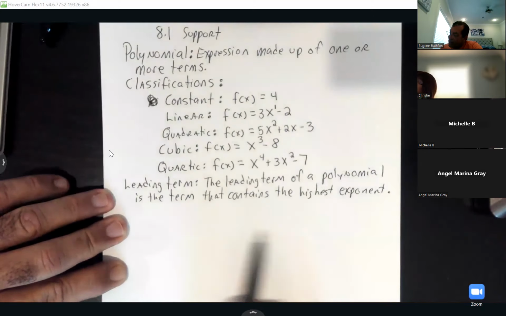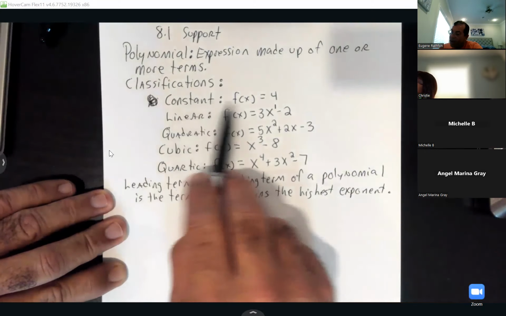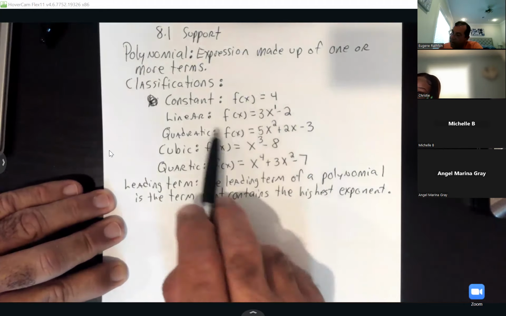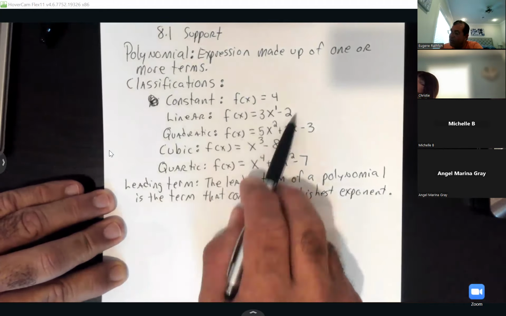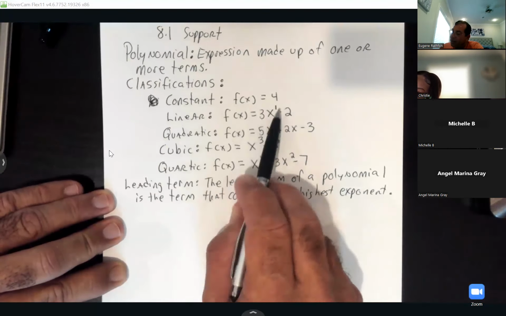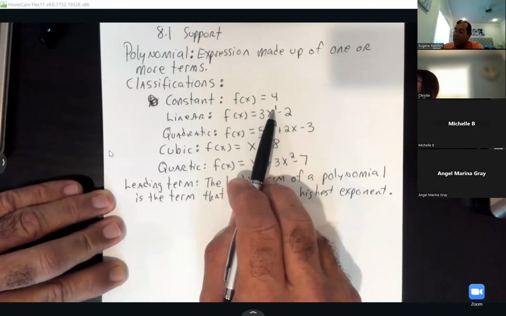If I look at my examples, the leading term of a constant polynomial would be the 4, which is the only term. Of the linear, the leading term would be the 3x to the first. It is the term that has the highest exponent.